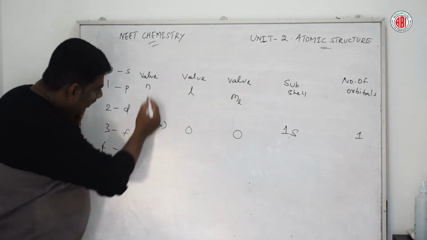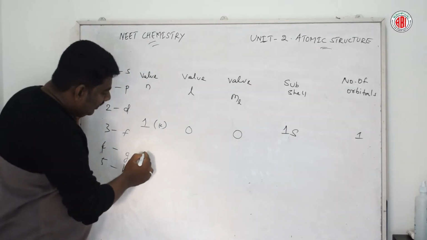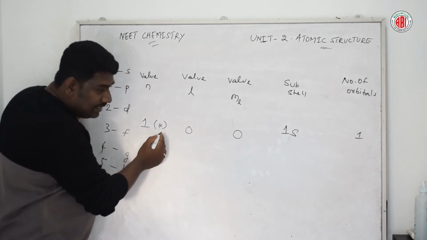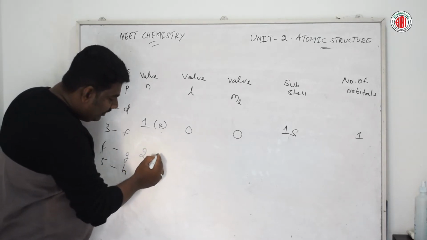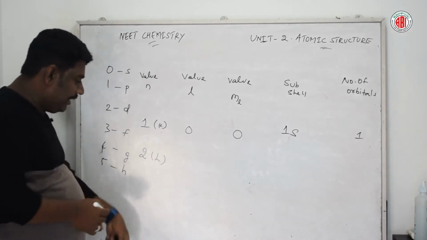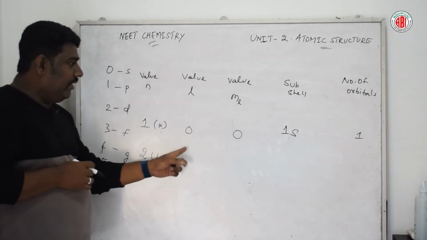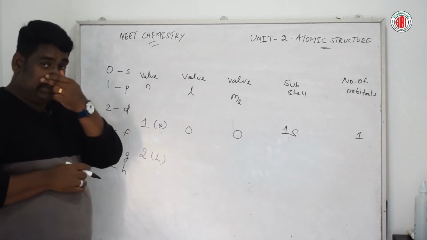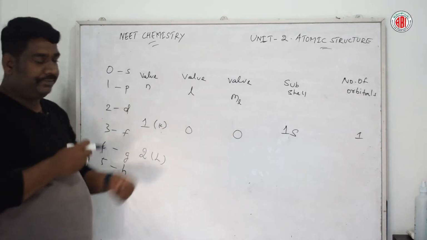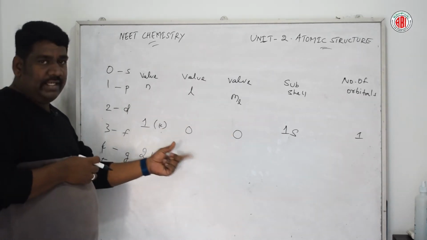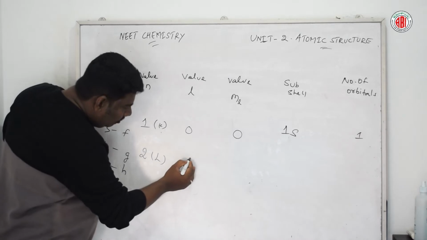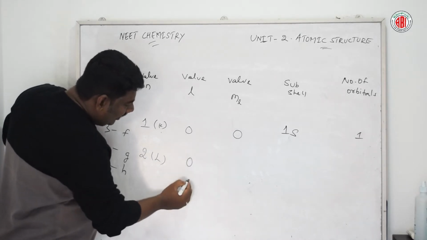Next, for n equal to 2, the K shell is over, and now we are talking about the L shell, K, L, M, N. The value of l has two values here, 0 and 1.